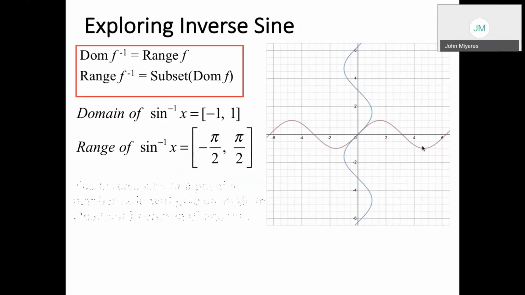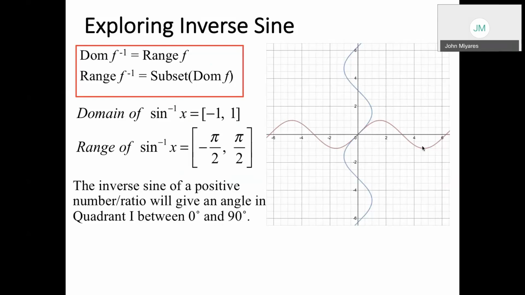This means that when you take the inverse sine of a positive number or a positive ratio, the answer you get will be some angle in quadrant 1 whose measure is something between 0 and 90 degrees or 0 and pi/2 radians.